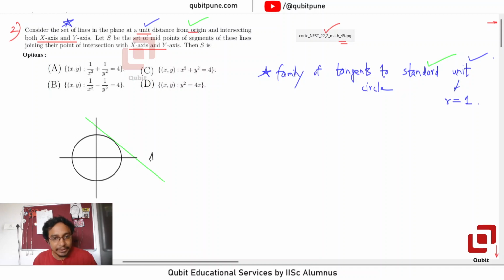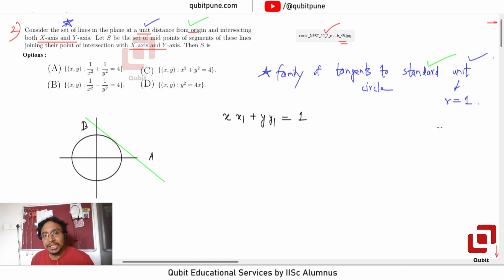So let the intersection points be A and B here, and we want to find the midpoint of AB and its locus. Now look, what is the equation of the tangent for a unit circle? It is xx1 plus yy1 equals 1 for a unit circle. We know that because the radius is 1.